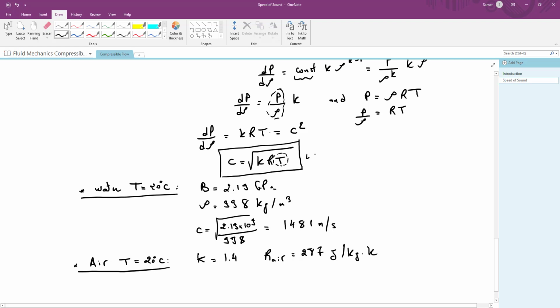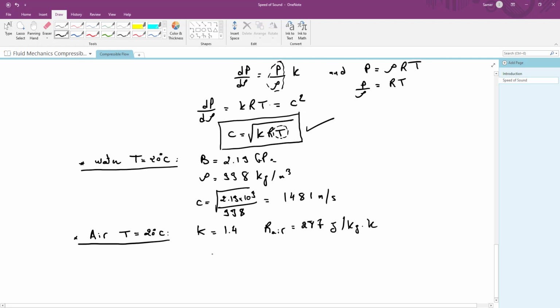Using this relationship, you can find the speed of sound in air, which is the square root of k times R times T. The temperature should be in Kelvin, so 20 degrees Celsius is 293 Kelvin. This is approximately equal to 343 meters per second, and you can see that the speed of sound in air is smaller than in water.